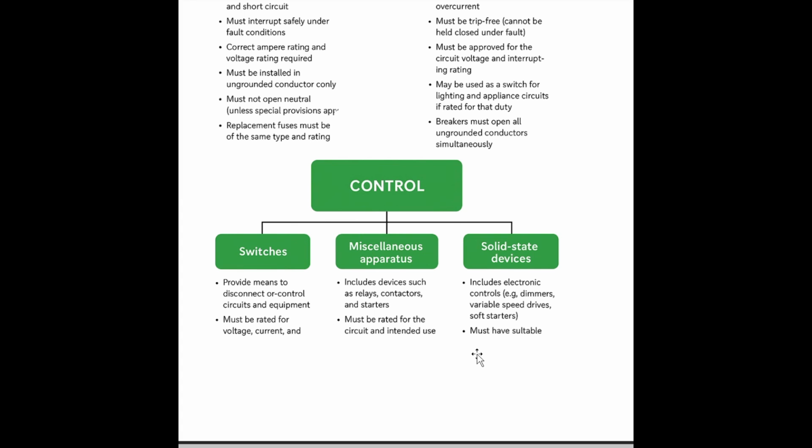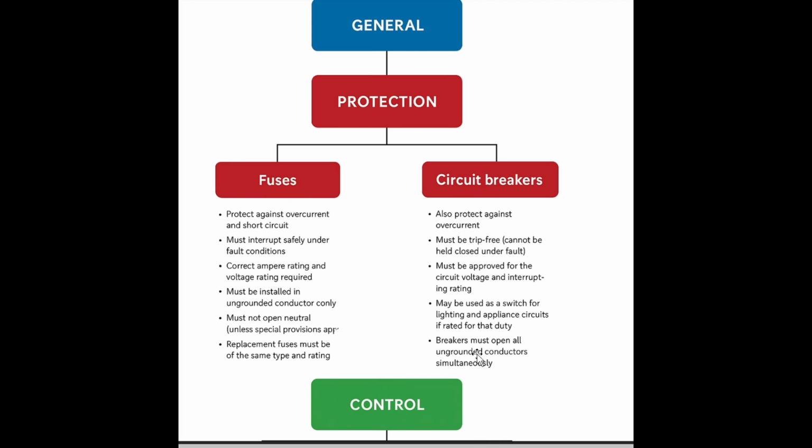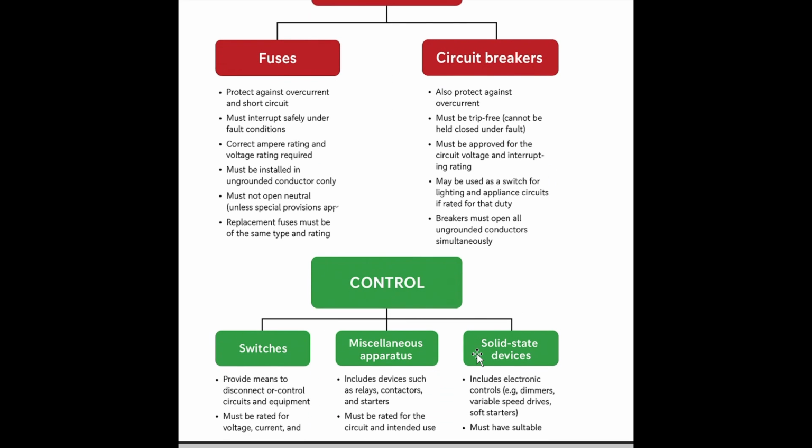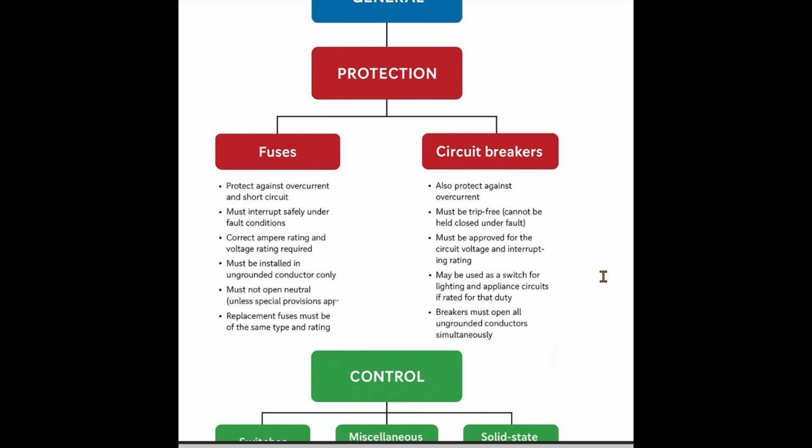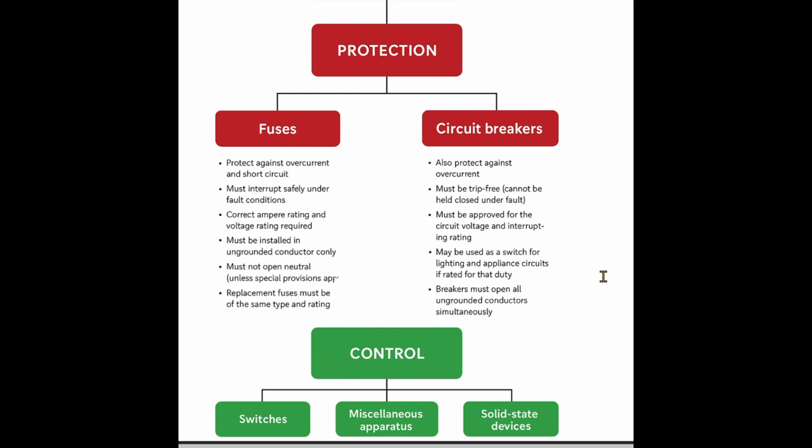Together, protection and control make us able to work safely and predictably. For example, every switch, fuse, and circuit breaker in your home or something as big as a substation exists for one of these two purposes, protection or control. Without proper protection and control, even a well-designed system can become dangerous.